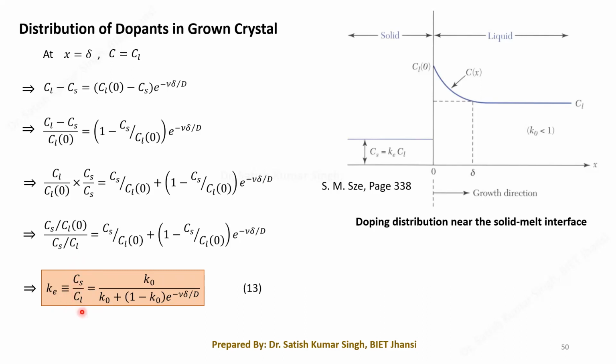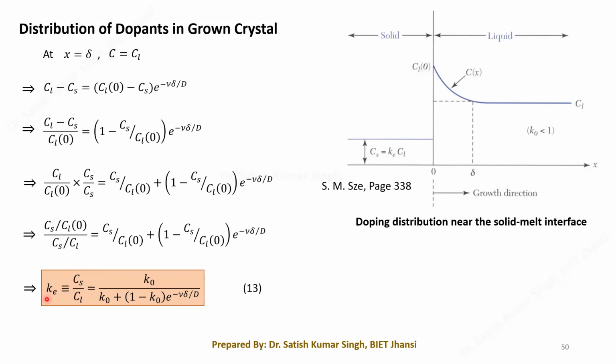It will be constant. So when it is constant, if we are getting Ke equal to 1, then the concentration of your dopant within the solid will be a uniform value. It will not change. So when will we get this possibility?